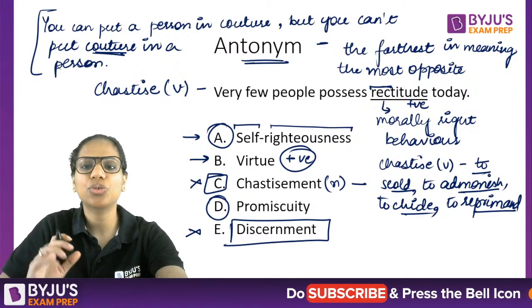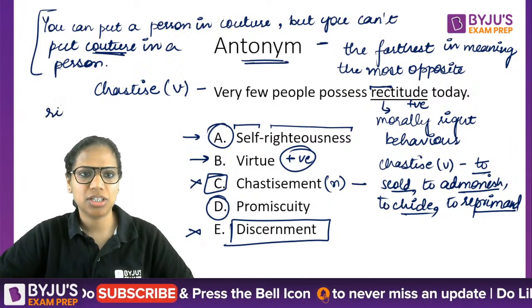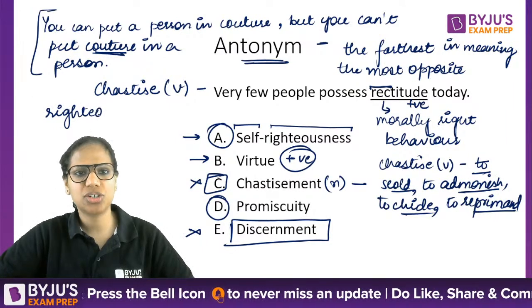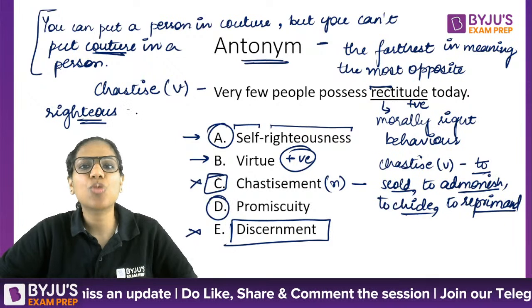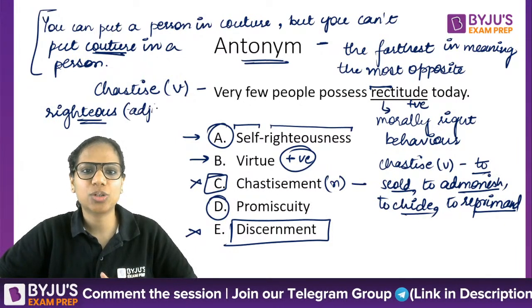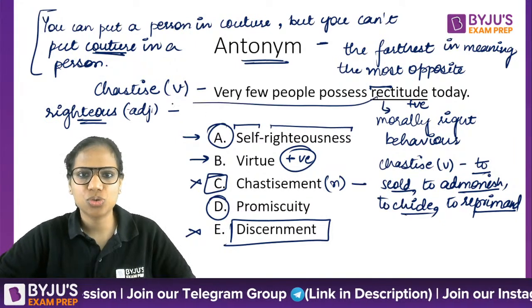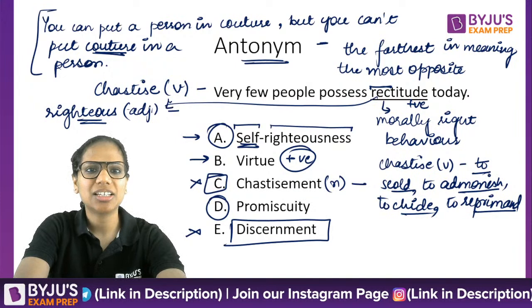That is something that I want to tell you. Righteousness is a positive word. Somebody who is righteous possesses moral rectitude, right? This person behaves in a morally correct way. Okay, so a synonym. But self-righteousness means, any idea?